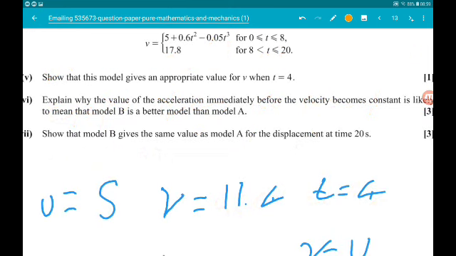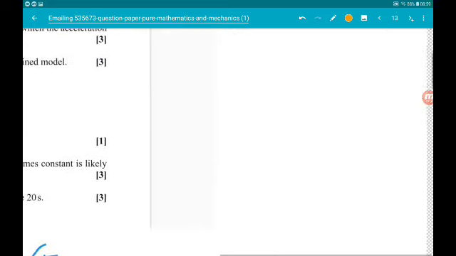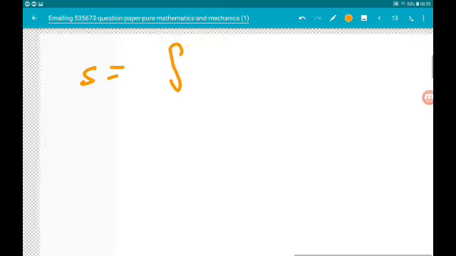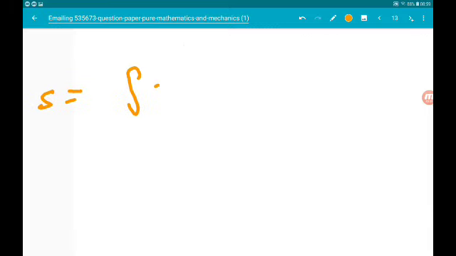Okay then, part 7 for 3 marks wants us to show that model B gives us the same values as model A for the displacement in the first 20 seconds. Okay, so we know that velocity is the derivative of displacement, so S, displacement, is the integral of velocity with respect to t.